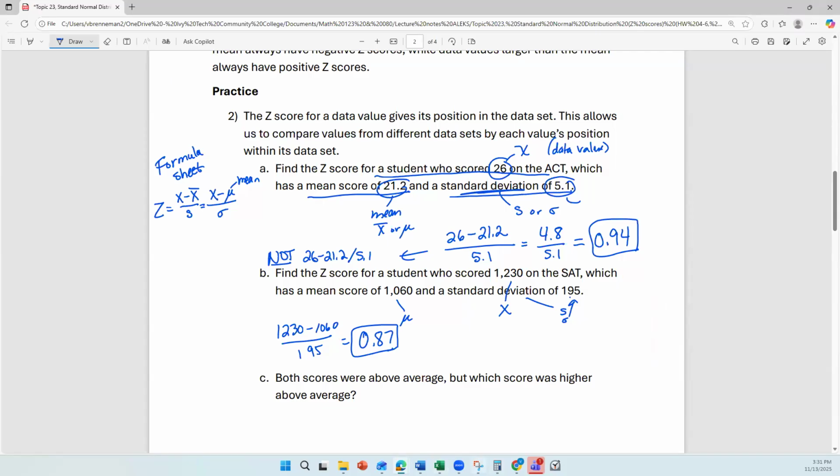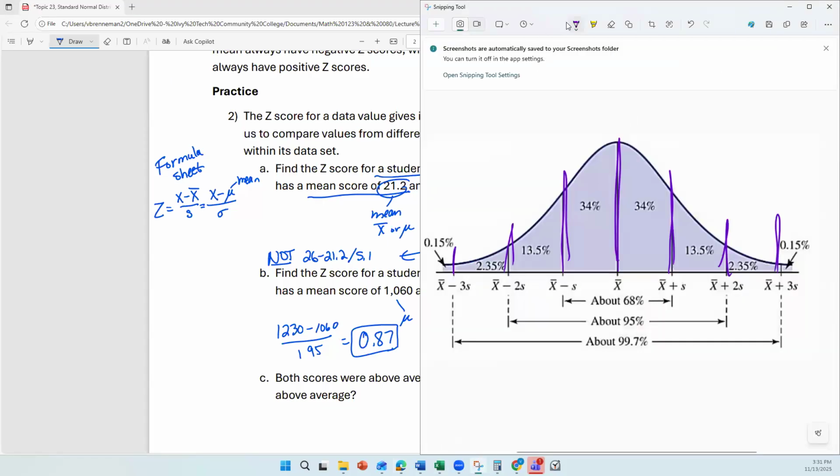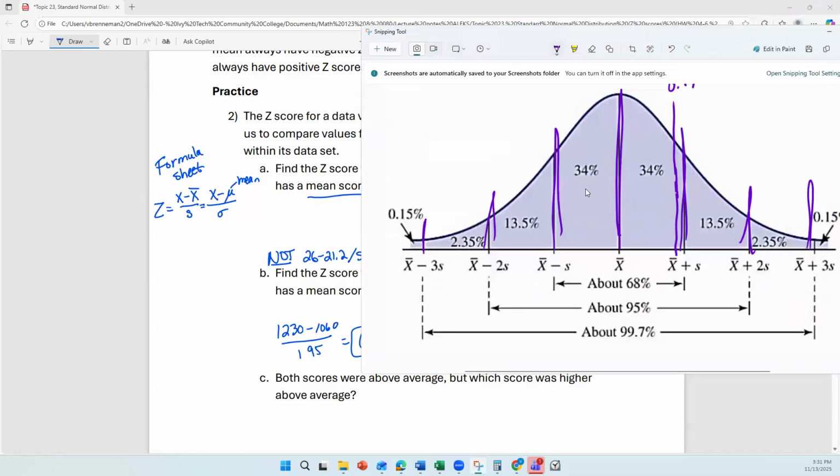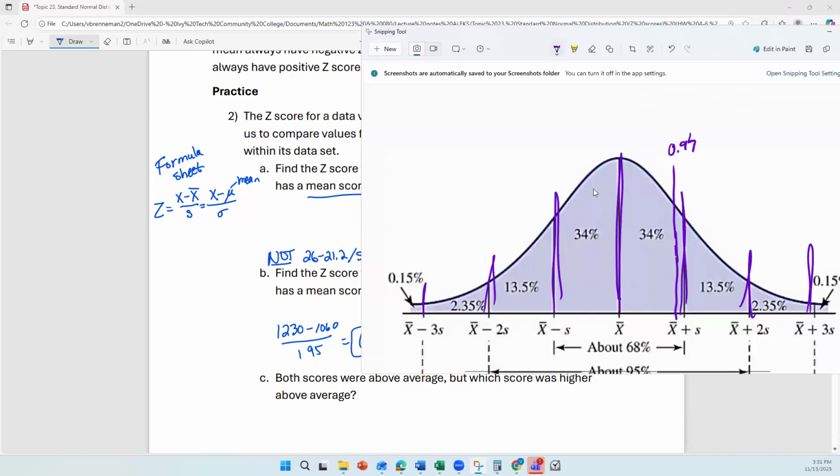So if we're looking on this standard curve, they're not on these whole number 0, 1, 2 lines. We would be like here somewhere. And what was it, 0.94? 0.94, and then a little bit below that, 0.87.